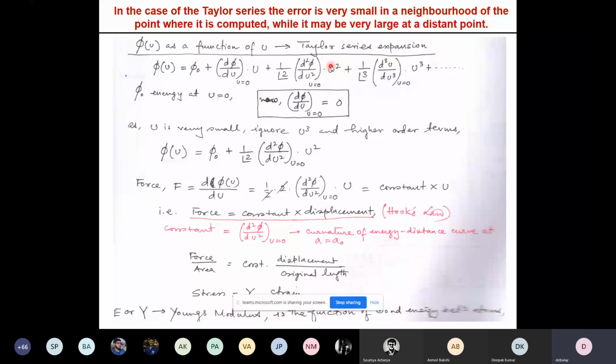If you do differentiation, this term becomes d2 phi by du2 at u equal to 0 into u. And higher order terms are not coming into picture if the elastic deformation is very small.